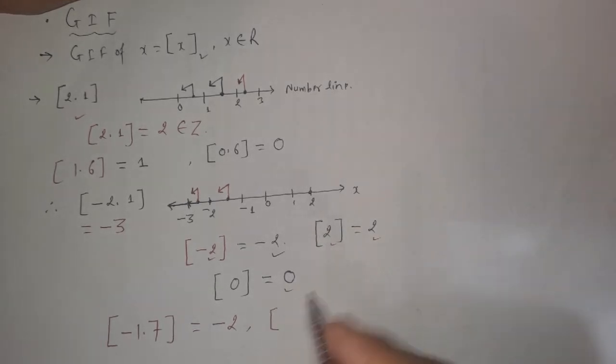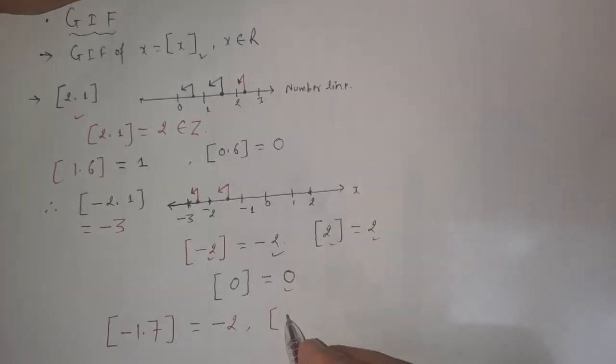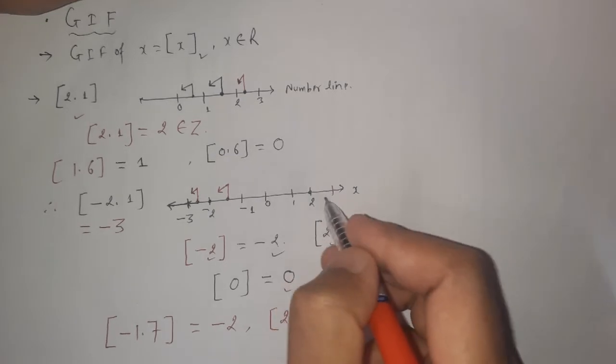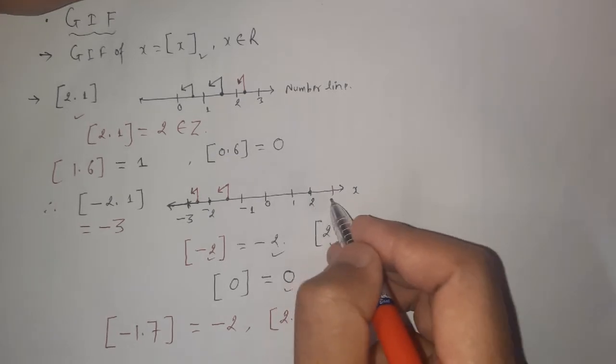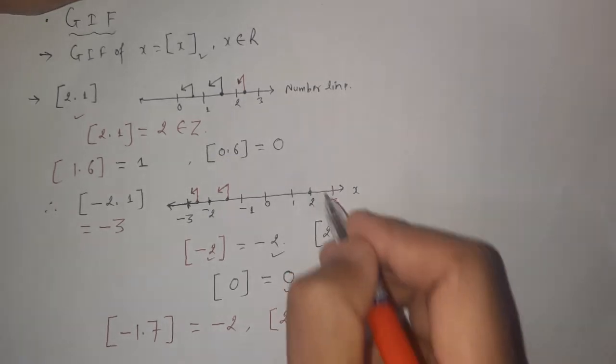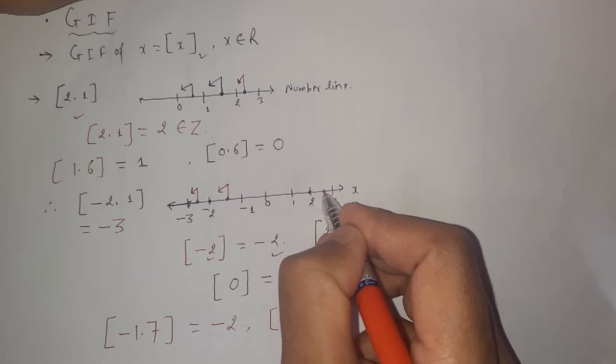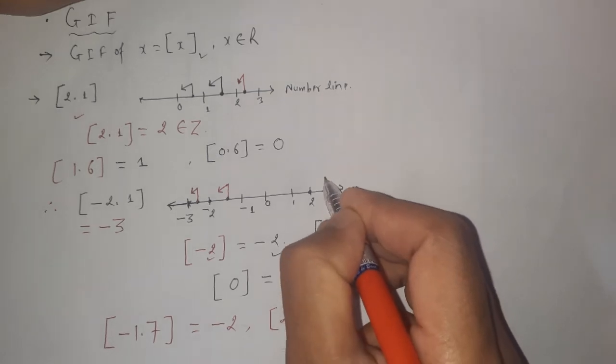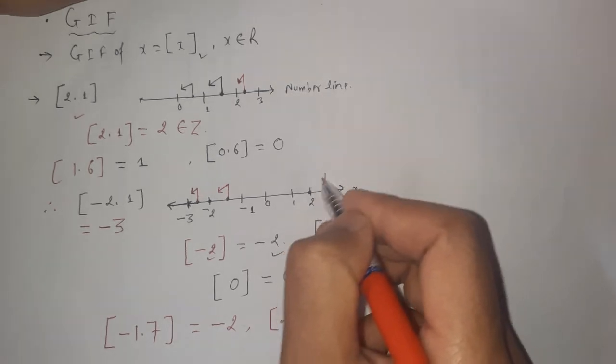Similarly, the greatest integer of, let's suppose the number 2.6. 2.6 lies anywhere between 2 and 3. Let's suppose the number lies here, 2.6, and we have to rise first, then look left hand side.